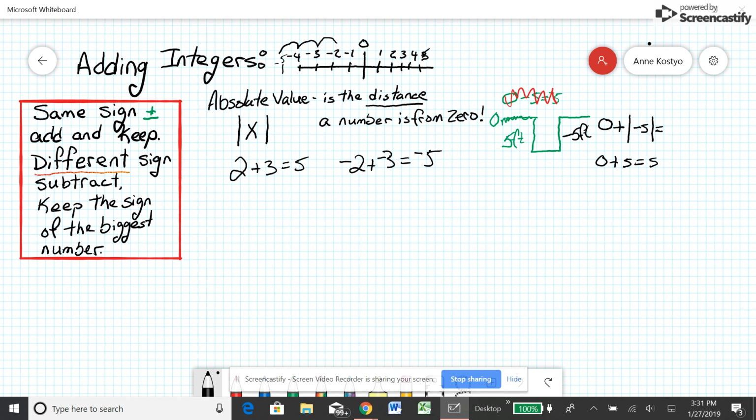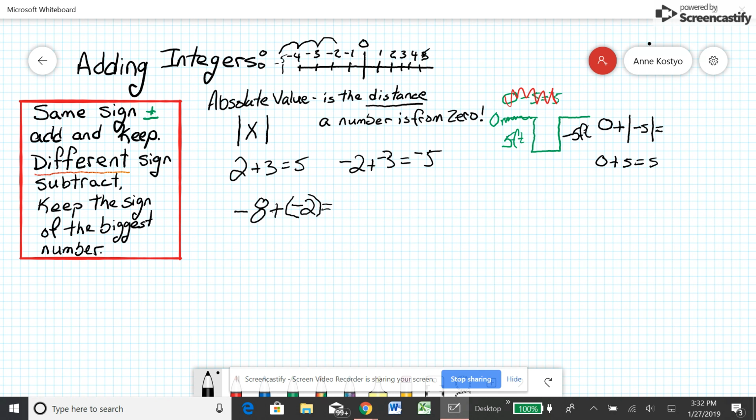If we have, let's say, -8 plus, in parentheses, a -2, this looks different.